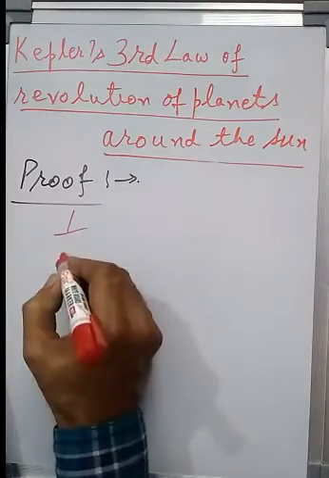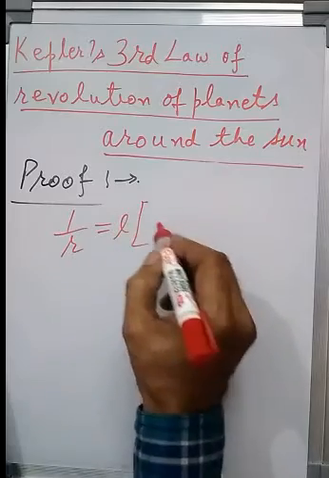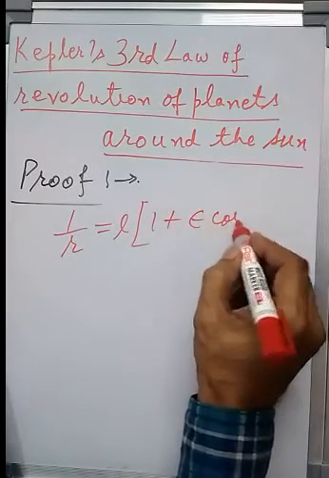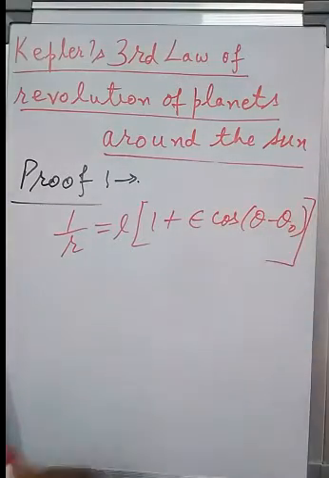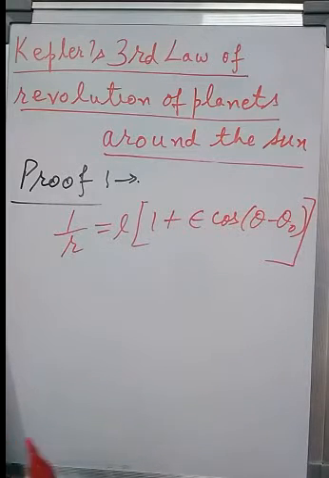So the general equation of a conic can be written as 1 plus epsilon cos(theta minus theta naught), where epsilon represents the eccentricity of the conic, and theta naught and l are constants.